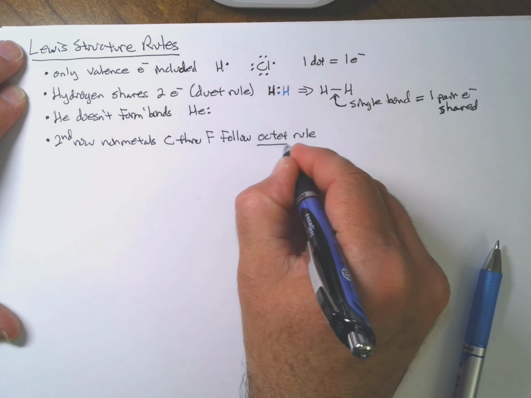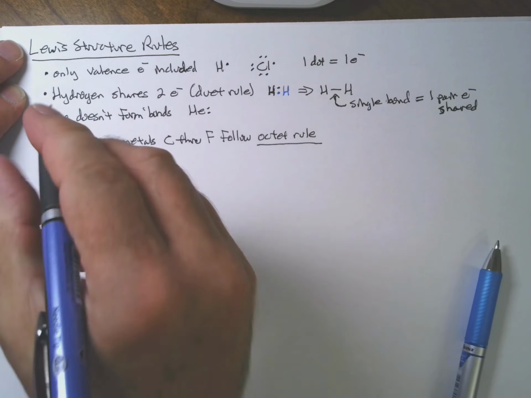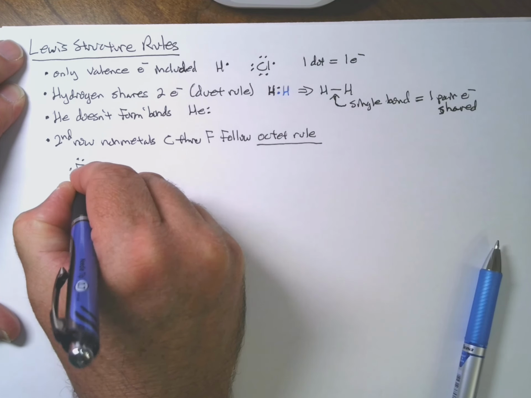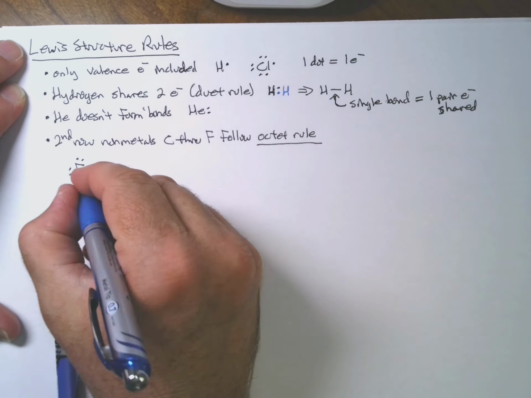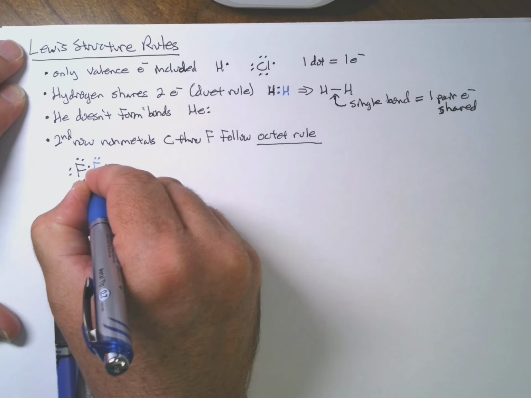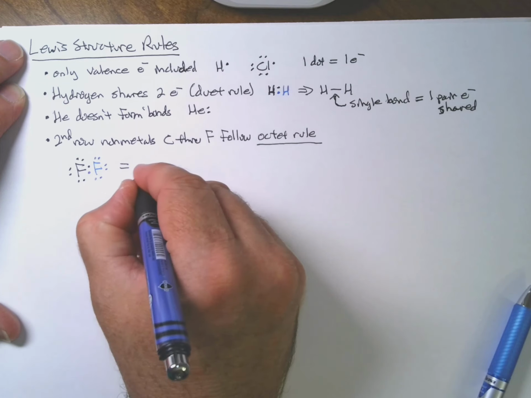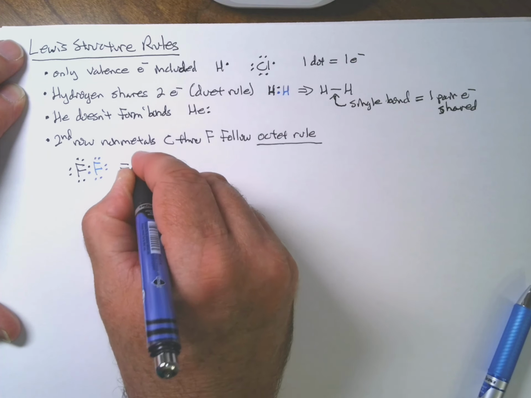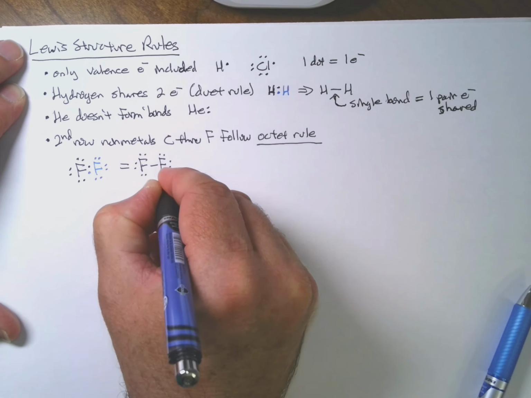So we call that the octet rule. So remember that, 8. For example, I could have F with 7, and then another F here with 1, 2, 3, 4, 5, 6, 7. And I'm indicating all of my electrons that are not involved in bonding with dots.